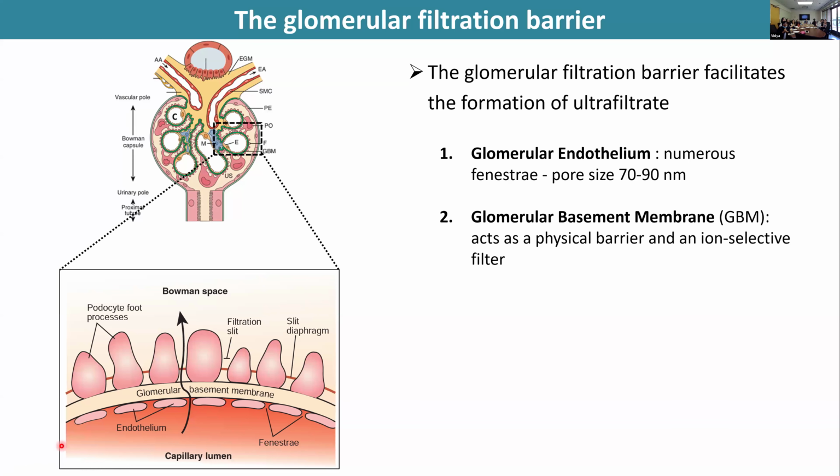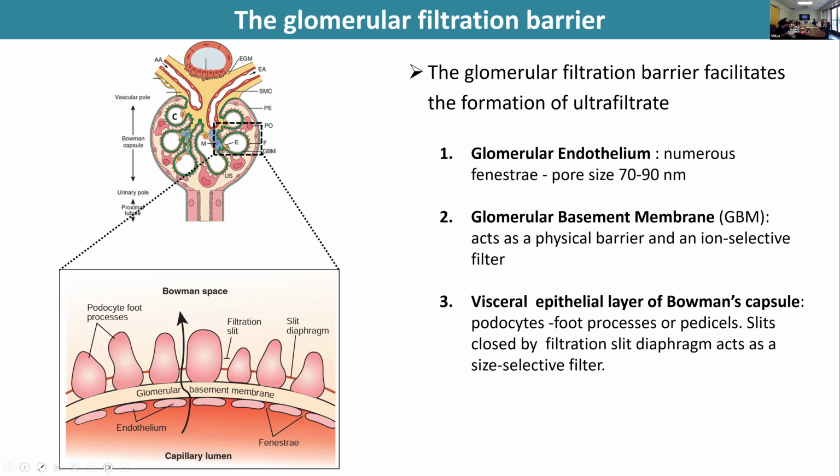And then we have the glomerular basement membrane, which is also an ion selective barrier. And we have the podocytes. The podocytes have unique structures, foot-like processes, and that's what we see here.